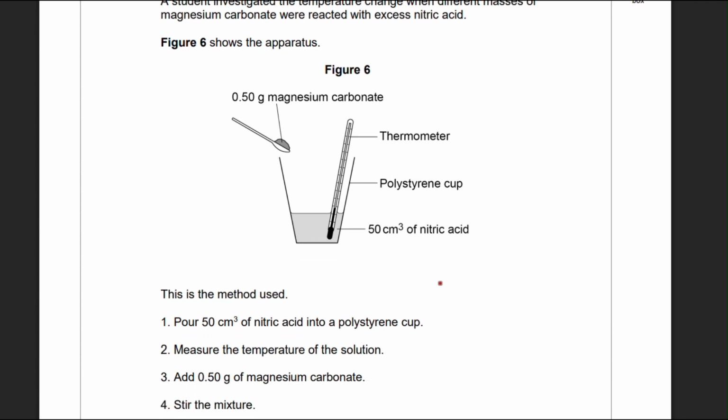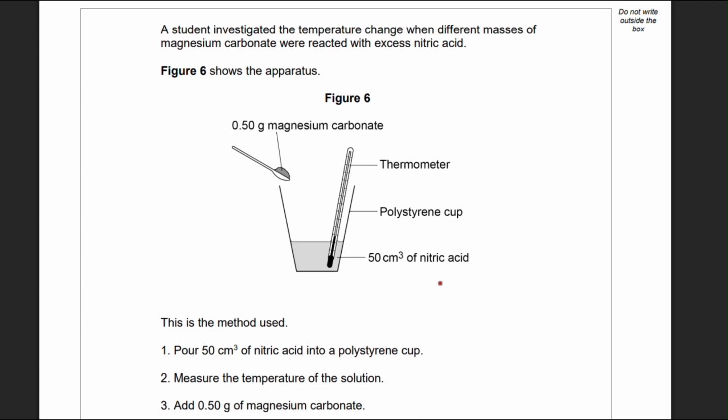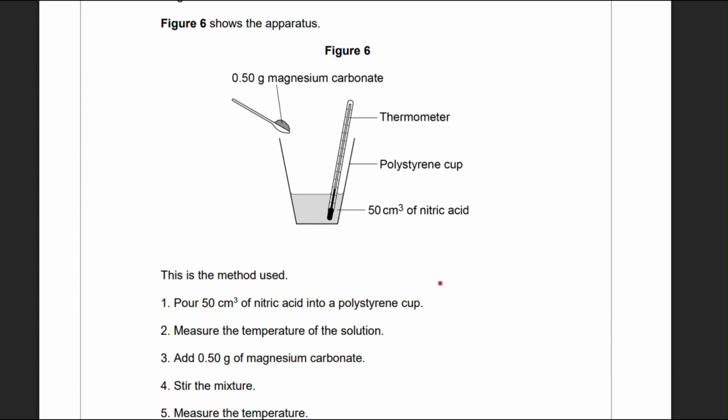Okay, let's move on to the next part. A student investigated the temperature change when different masses of magnesium carbonate were reacted with excess nitric acid. So again, as with these type of questions, I want you to look at the diagram carefully and pretend that you're doing this experiment yourself in the laboratory. So you start off with 0.5 grams of magnesium carbonate powder.